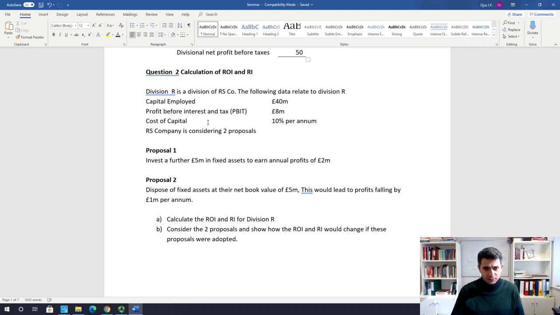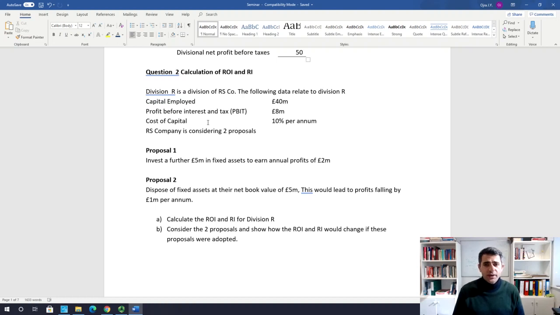RS company is considering 2 proposals. The first one, to invest a further 5 million in fixed assets to earn annual profit of 2 million. The second proposal, to dispose of fixed assets at their net book value of 25 million, and this would lead to profit falling by 1 million per annum.